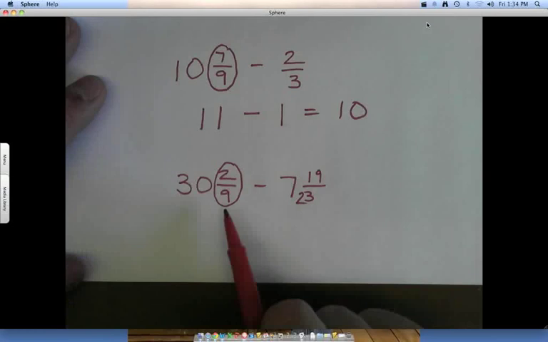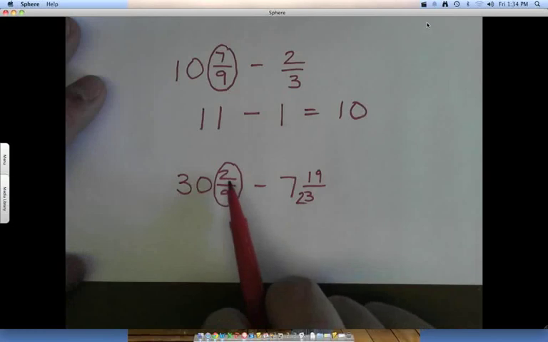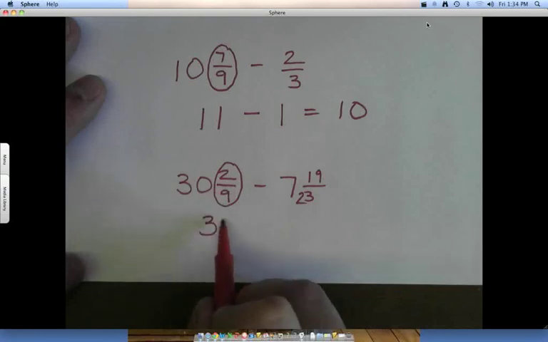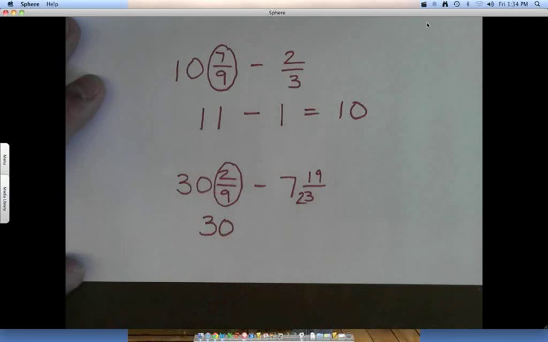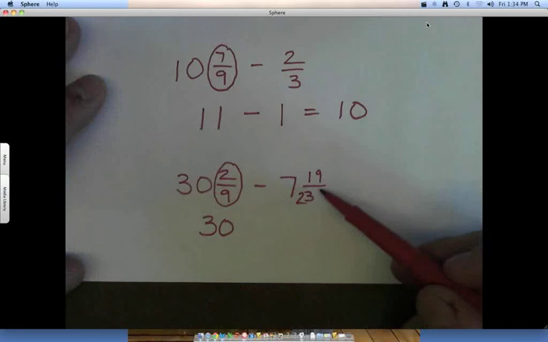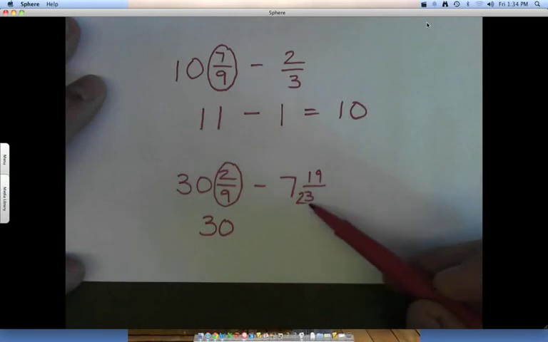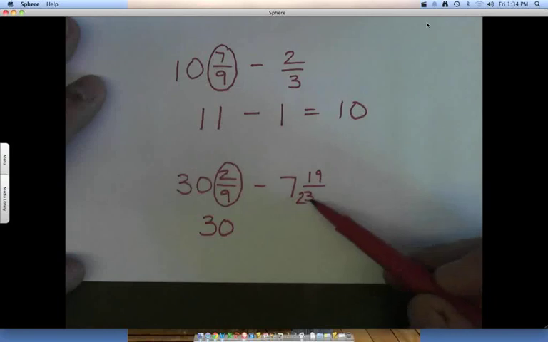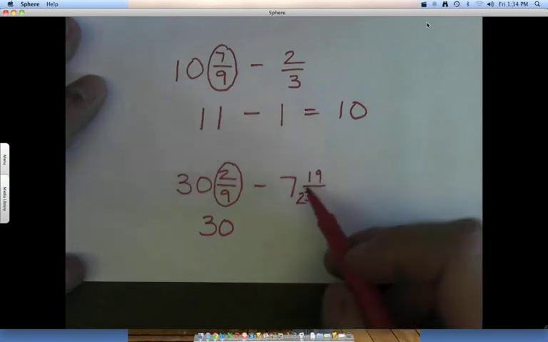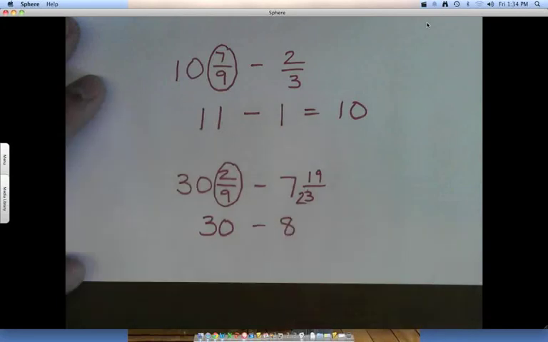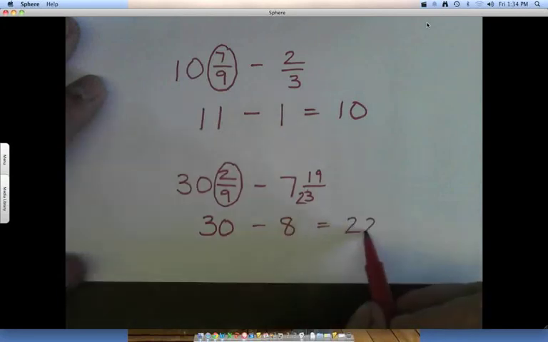Half of 9 is 4.5. 2 is less than 4.5, so my whole number is going to stay the same. Half of 23. Is 19 closer to 23 or closer to 0? 19 is closer to 23, so this is going to be bumped up to 8. 30 minus 8 equals 22.